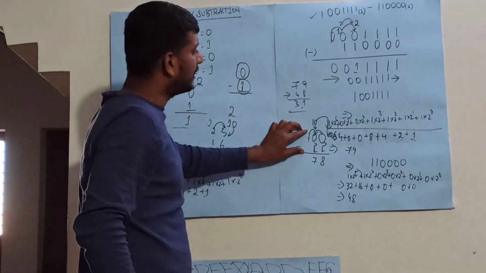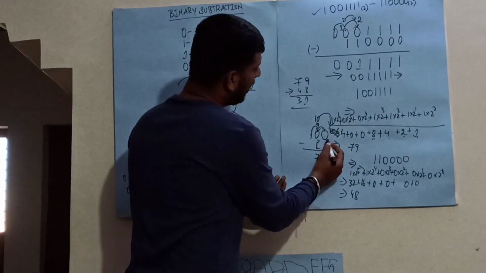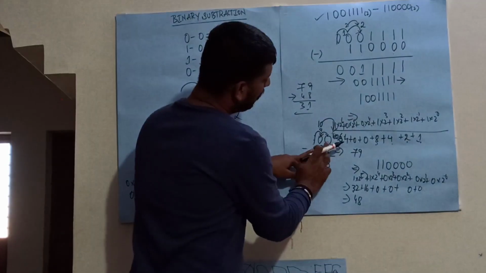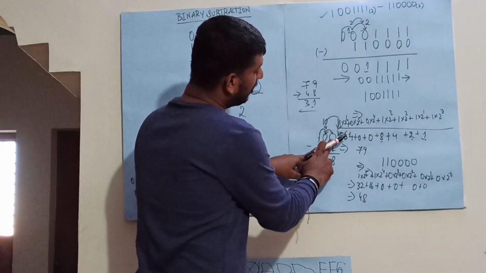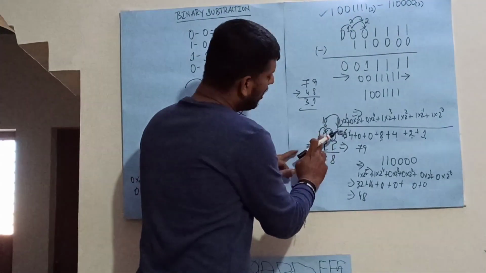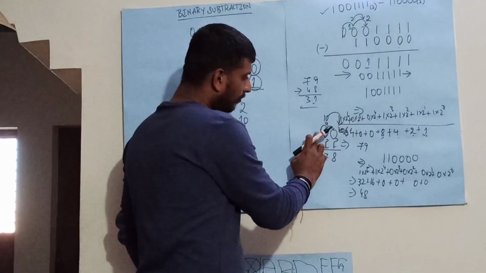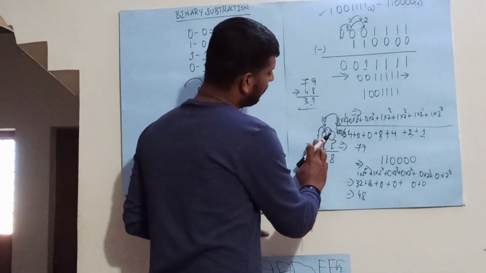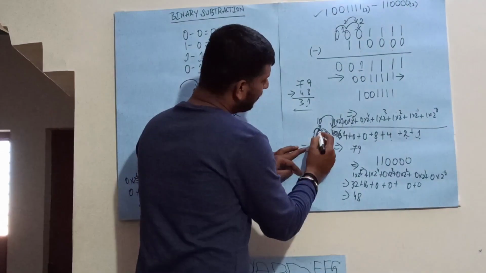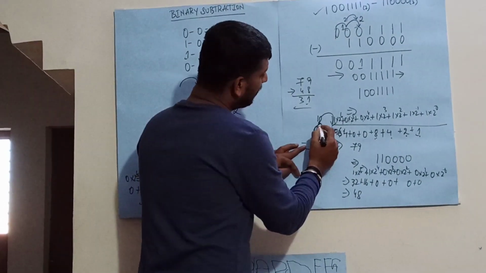I have given you an example of how exactly the borrowing works. Here I have 100, and I want to subtract 22. You cannot subtract 2 from 0, so I have to borrow. Again here also I have 0, so I cannot borrow. Next I have to borrow from the next digit. When I borrow from the next digit, 1 to 0, here it becomes 10.